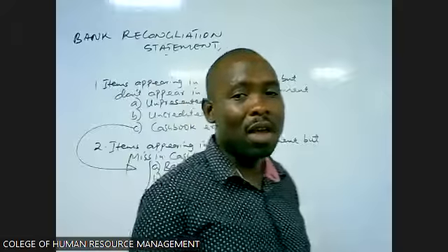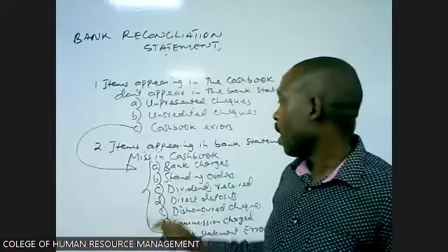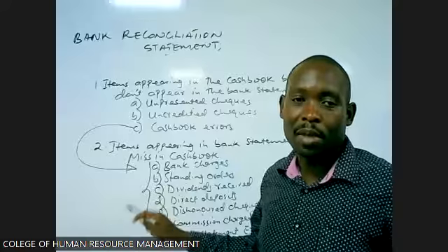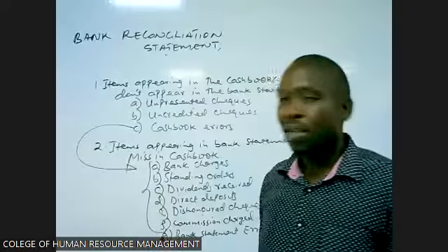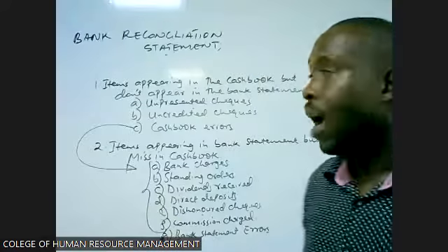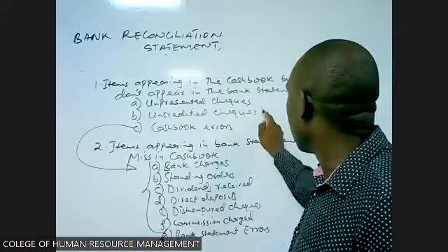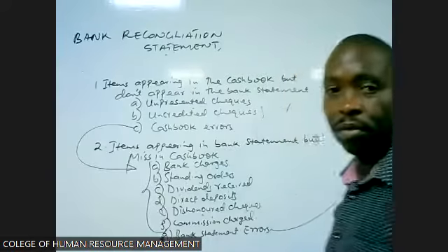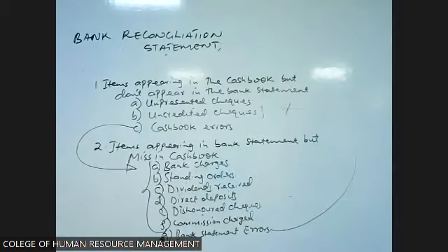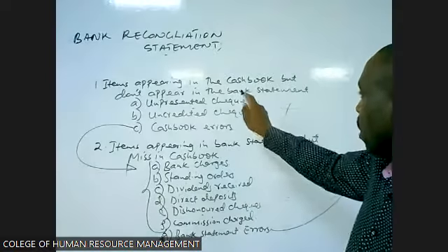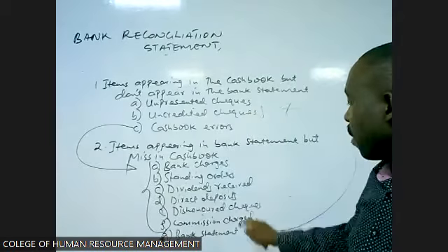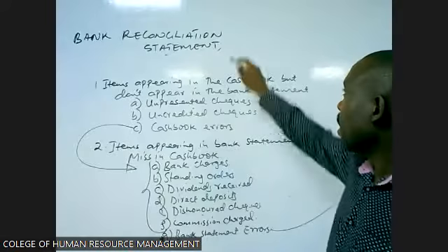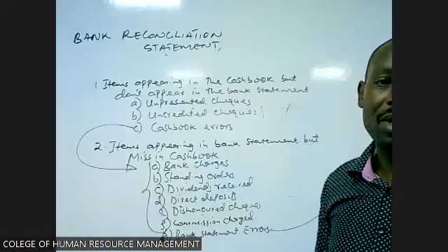Errors in the cash book and these items appearing in the bank statement but not in the cash book, these two plus this, then this one goes here. The unpresented checks, uncredited checks, and the bank statement errors are used in preparing the bank reconciliation statement.